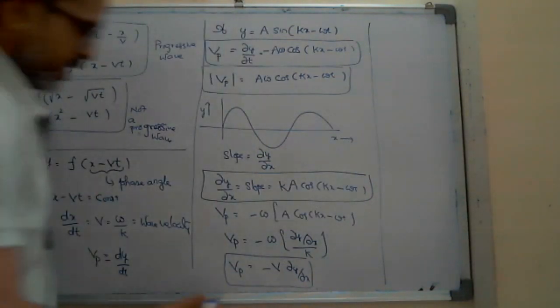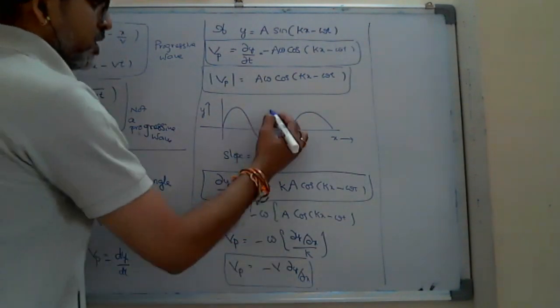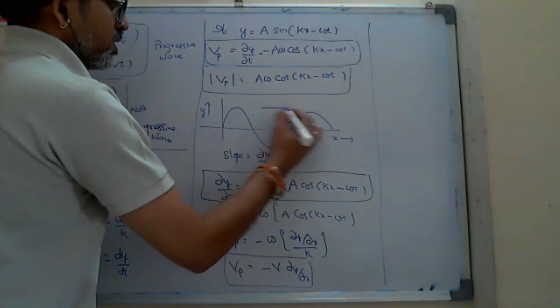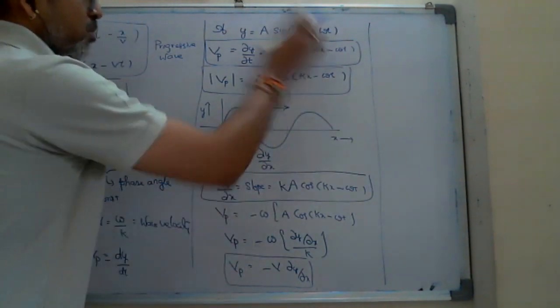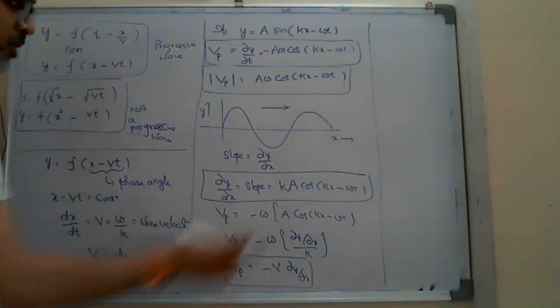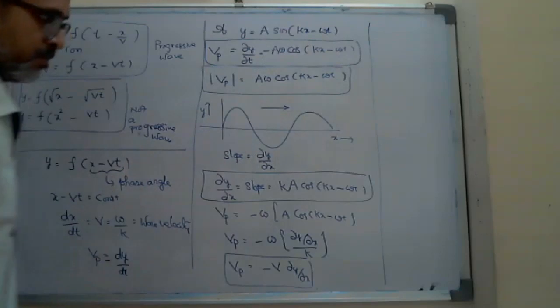Suppose a wave is traveling with a constant velocity, traveling along the positive x-axis. Why? Because I took a minus here. I think you remember when it is traveling towards the negative x-axis, this becomes plus.